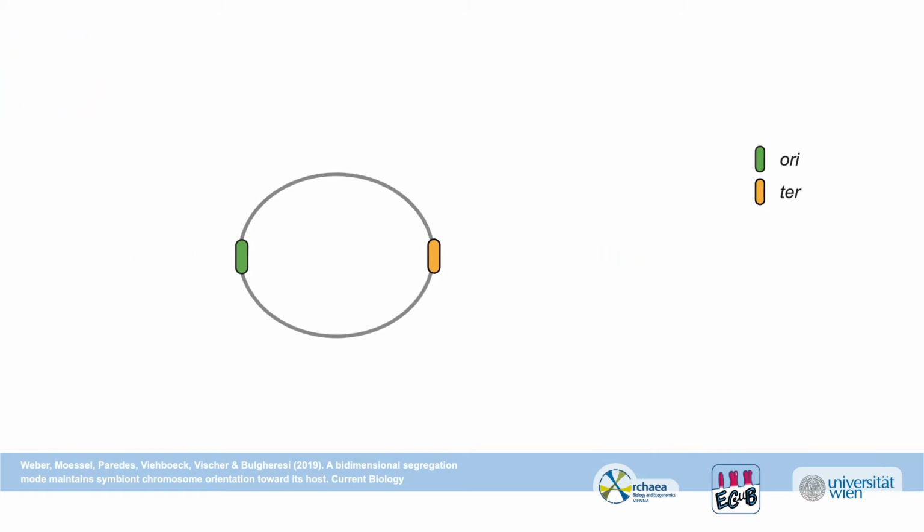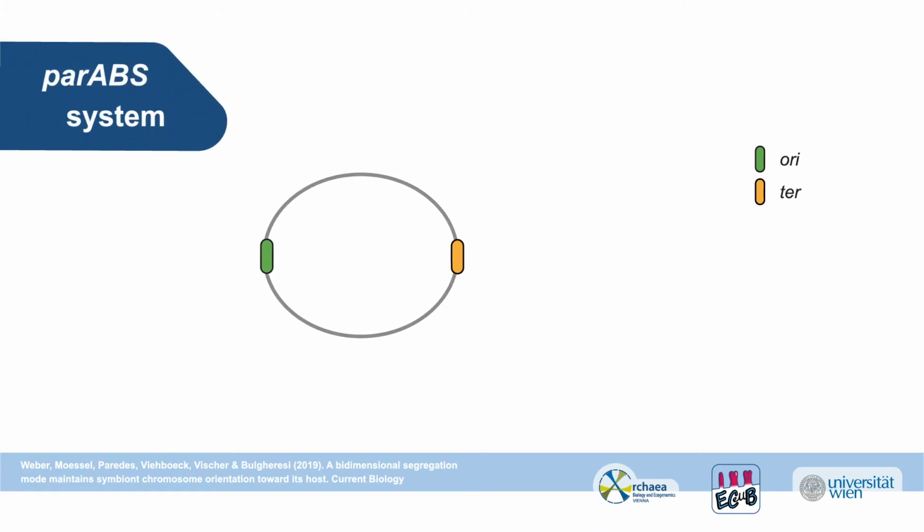In some bacteria, the three-component ParABS system drives or assists ORI translocation. It consists of a centromere site on the DNA, shown in red here, parS, a centromere binding protein, ParB, and a Walker type A ATPase, ParA.